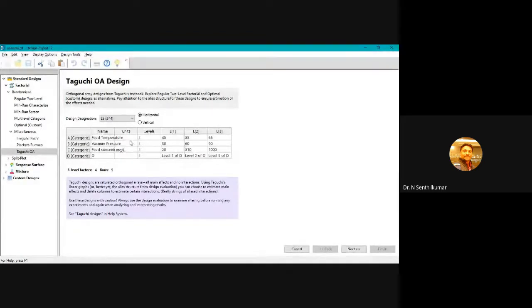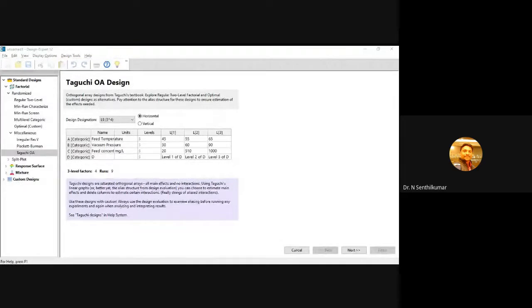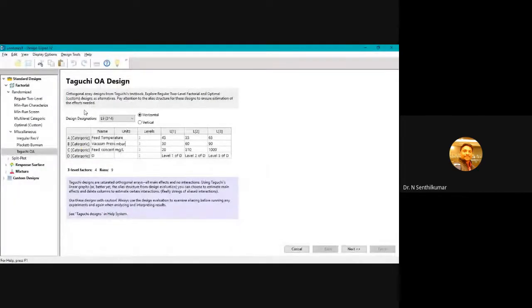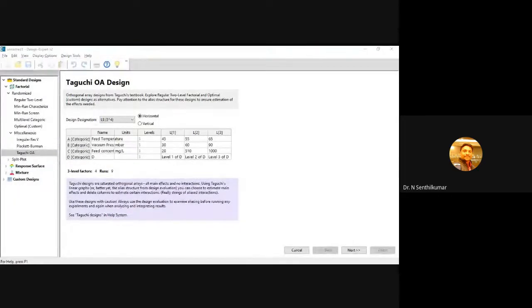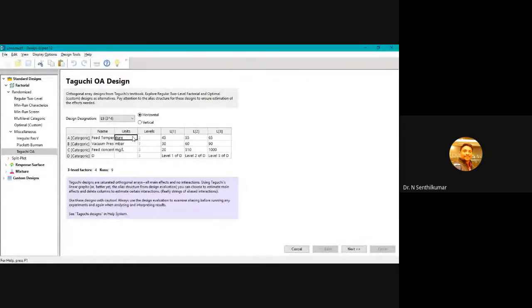For vacuum pressure the unit is millibar, and for temperature it is centigrade. So that also I can enter. Now I have given the names of the inputs, units, and level values. Then I am going to click next.